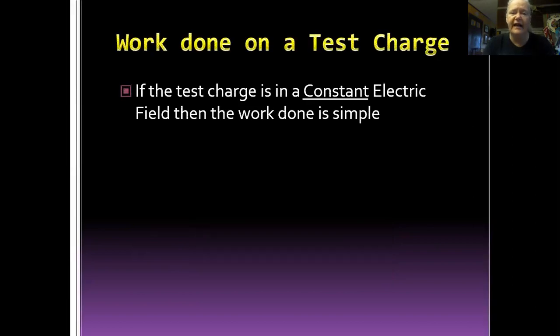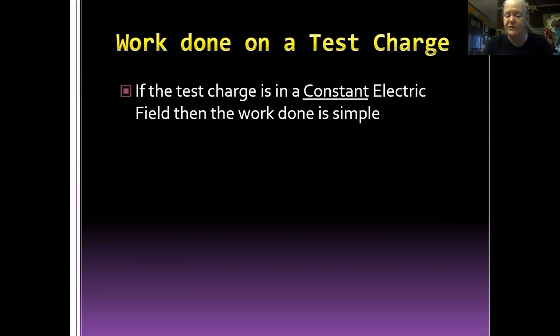Now, if we calculate the work done by a test charge, we're going to start out with the simplest case, the work done by a constant electric field. That's why we like those parallel plates, because the electric field in between them is a constant, so I don't have to worry about a changing electric field as I move through space. So the work is done by a constant field, which means the force is constant.